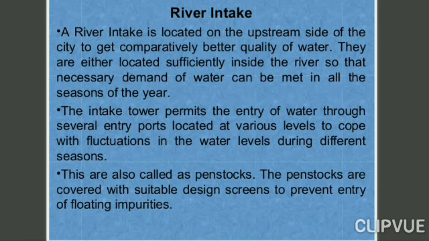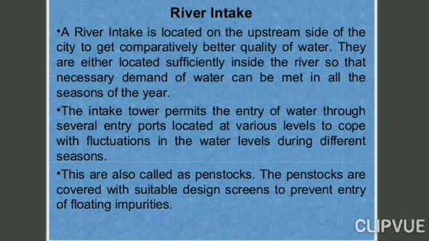First of all, the river intake. A river intake is a circular well having a diameter of 3 meters to 7 meters constructed on the bank of the river. It can be constructed in masonry work or concrete work.